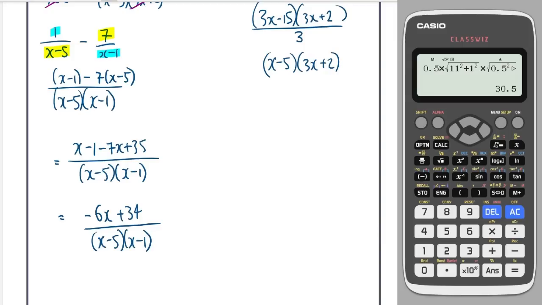And then finally, what we might want to do is take out a factor of 2 here, just to check to see if we can do any more cancelling, because we want to factorise as much as possible, but we can't do any cancelling. So that is our final answer.